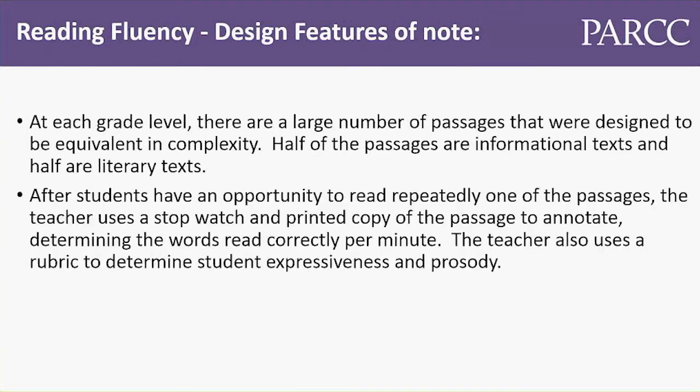Students are asked to read repeatedly one of the passages until the student feels that he or she is ready to show that they have the ability to read with fluency. At that point, the teacher will use a stopwatch and a printed copy of the passage to annotate where students may use a substitution, skip a word, or make some other kind of error in their oral reading.